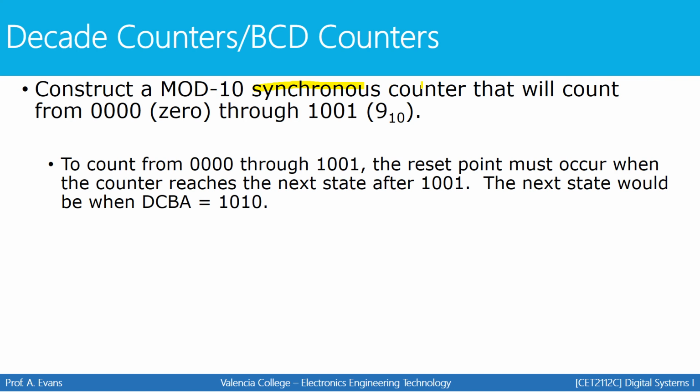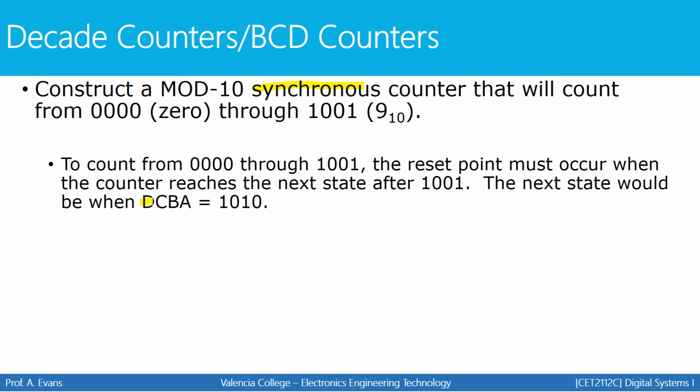So with this counter, in order to count from 0000 through 1001, the reset point must occur when the counter reaches the next state after that, because we want it to get all the way through 1001. The next state would be when DCBA equals 1010.